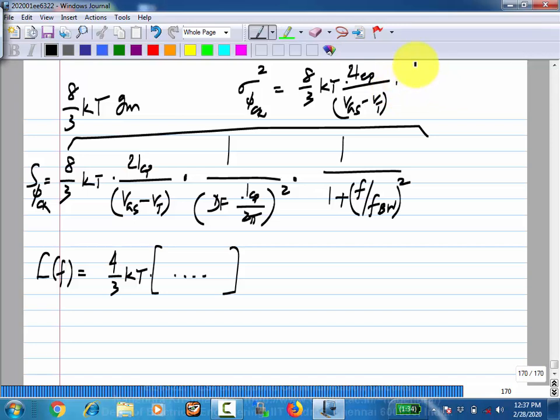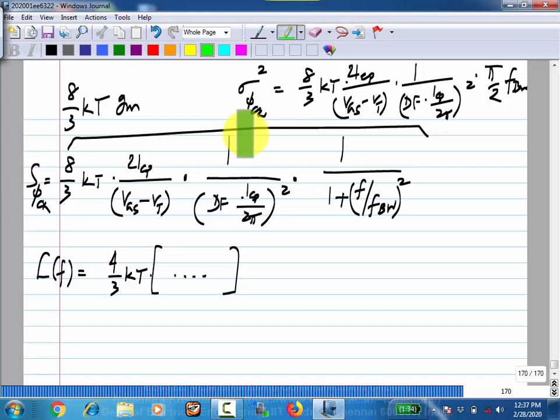All these things remain the same. df times ICP by 2 pi square, and the integral of that is pi by 2 times FBW. Okay. So this is the variance of the clock phase noise expressed in radian square.